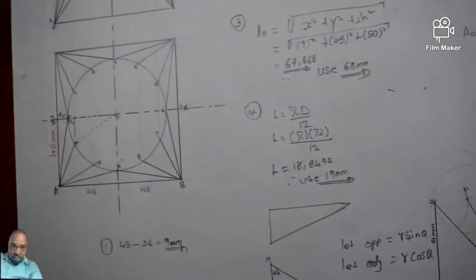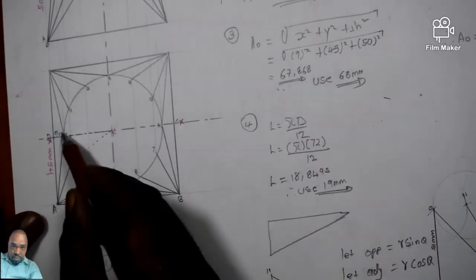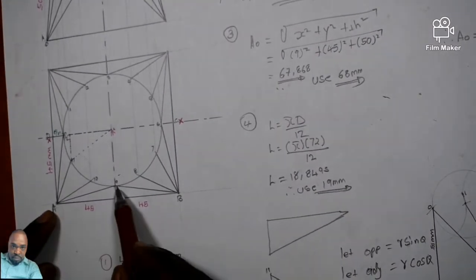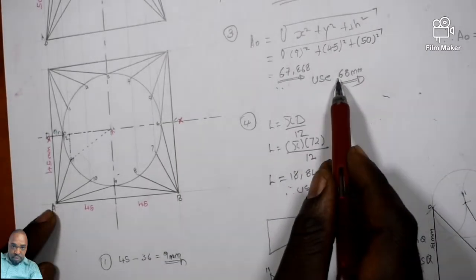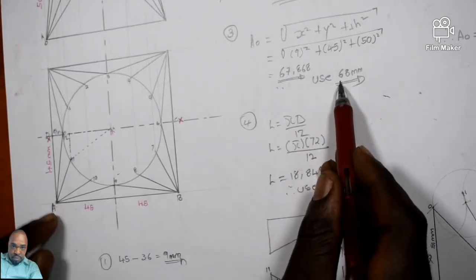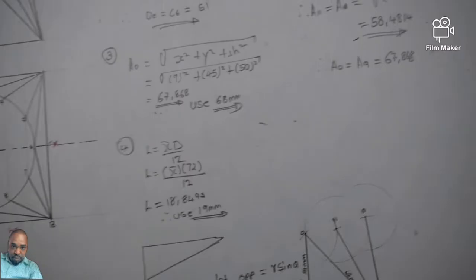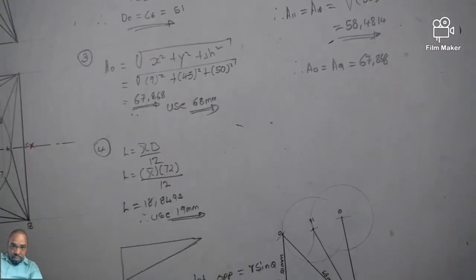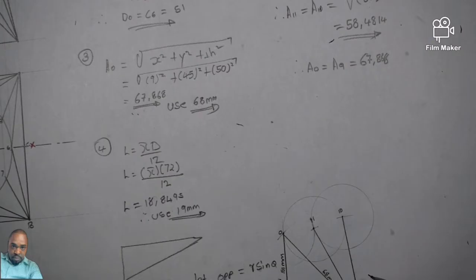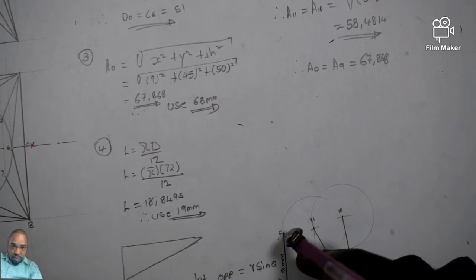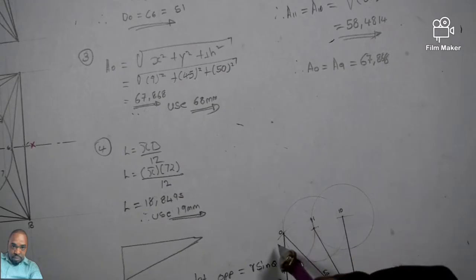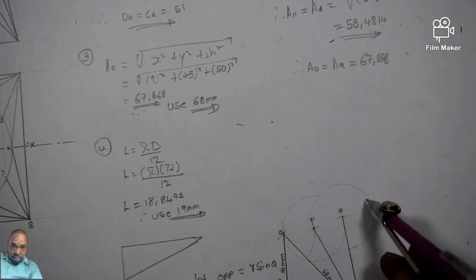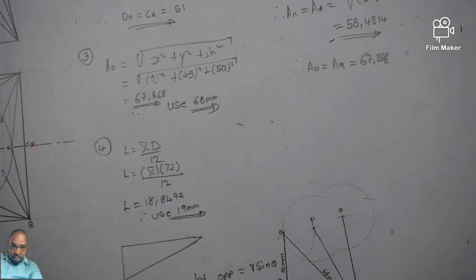Go back to your top view. The distance of A0 is the same as A9, isn't it? Which is what we calculated. We said it's 68. So this 68, from here till there, strike this arc.